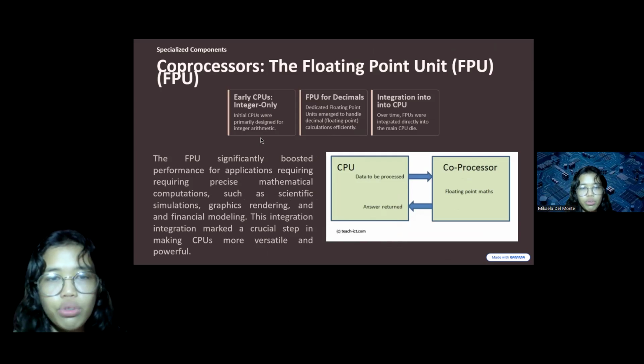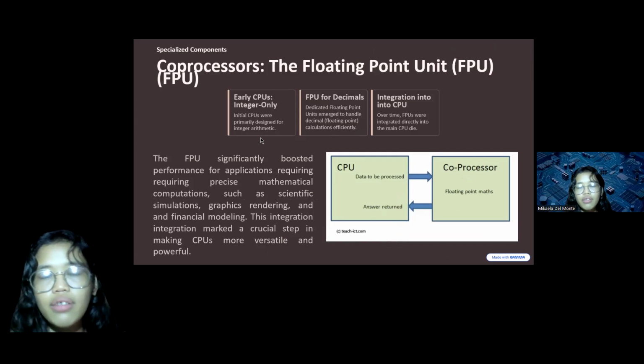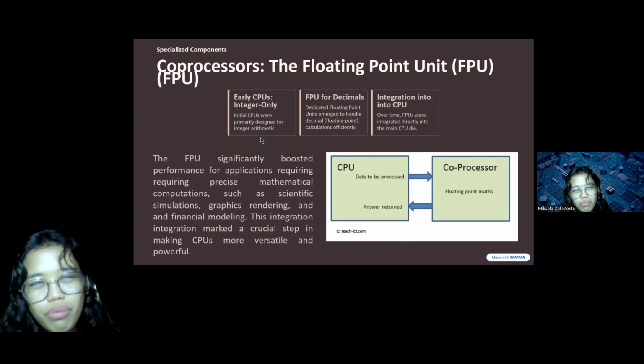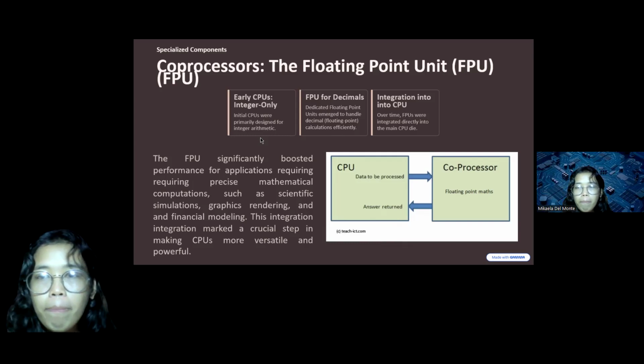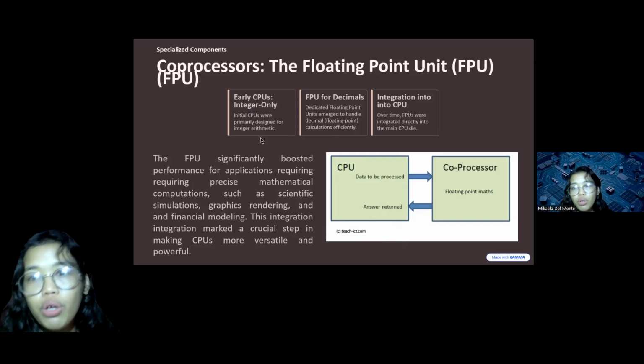This floating point unit handles decimal floating point operations. For example, if you calculate 1.5 plus 2.5, it will generate a result of 4.